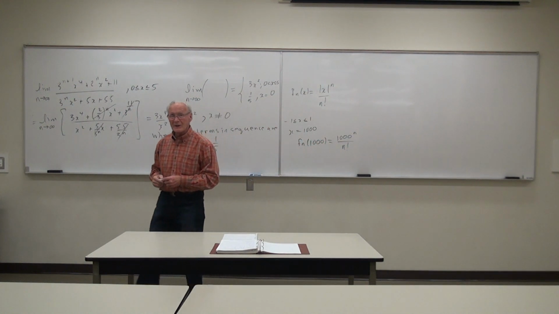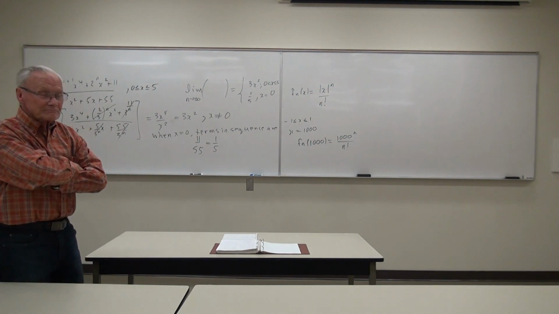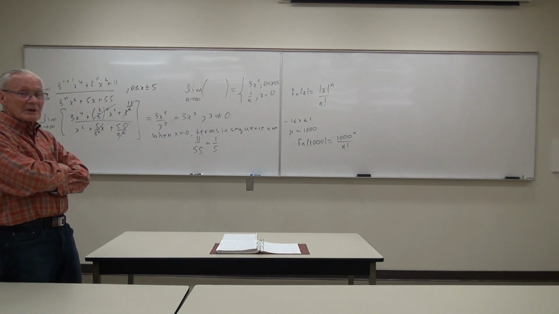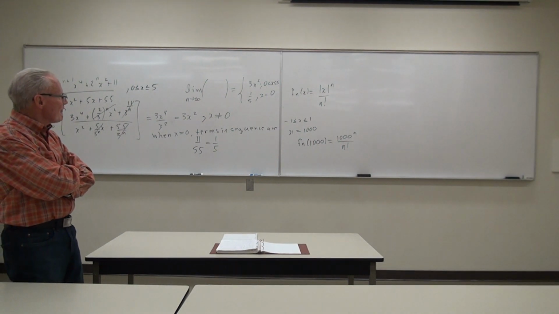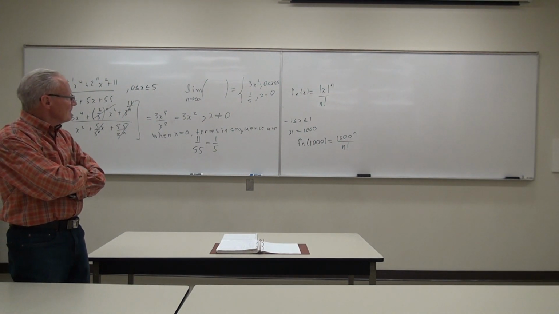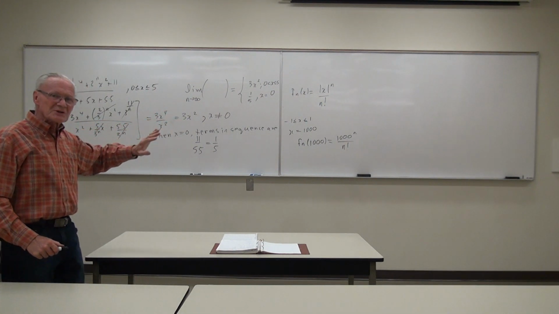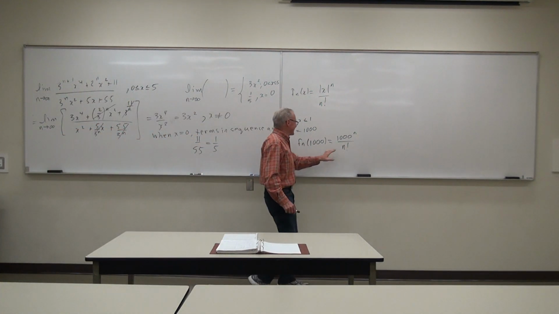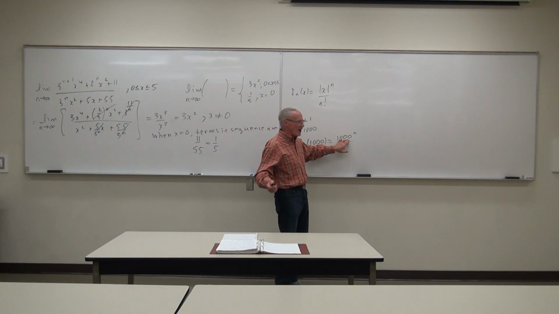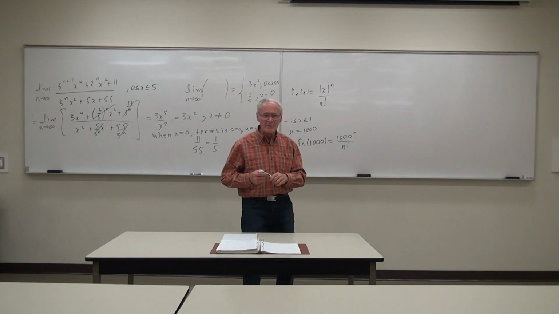Does that sequence have a limit? The answer is yes. There's a proof in the book for any value of x, but let's just illustrate the ideas with this 1,000, to give you the idea why. It doesn't matter whether it was 1,000, or 10,000, or 5. The same idea is going to be there.